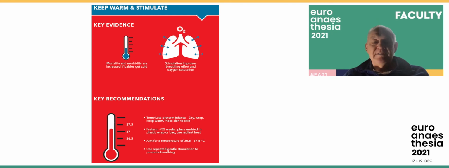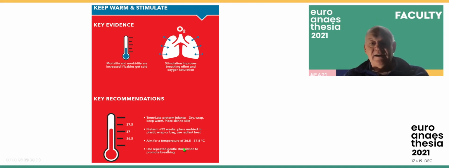Keeping warm. As we've said, mortality and morbidity increase as the baby gets colder, and stimulating the baby as part of drying them off improves breathing effort and oxygen saturation. And here's a temperature guide, as you can see, about the set temperature being between 36.5 and 37.5.